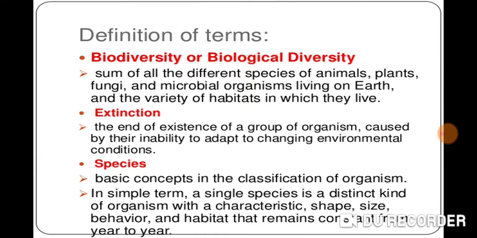There are two terms. One is endangered, the other one is extinct. Endangered means those organisms which are under the danger of getting extinct but are not extinct. For example, the panda is under the danger of getting extinct but is still there. Blind Indus dolphins are under the danger of getting extinct but are still there in a smaller number.